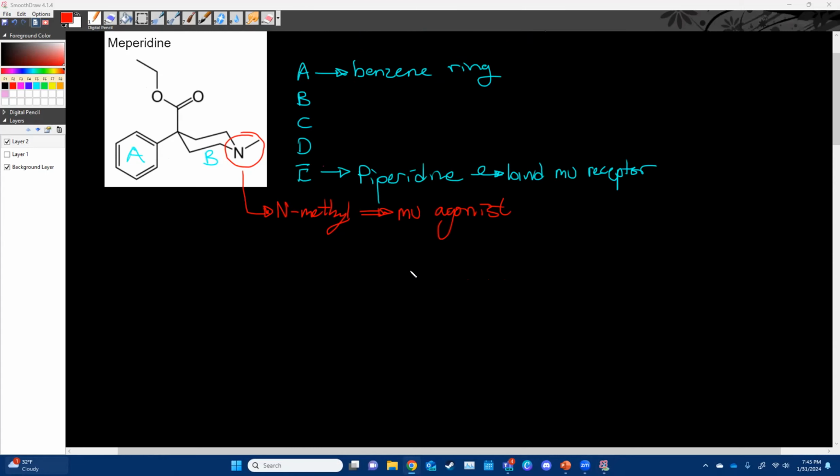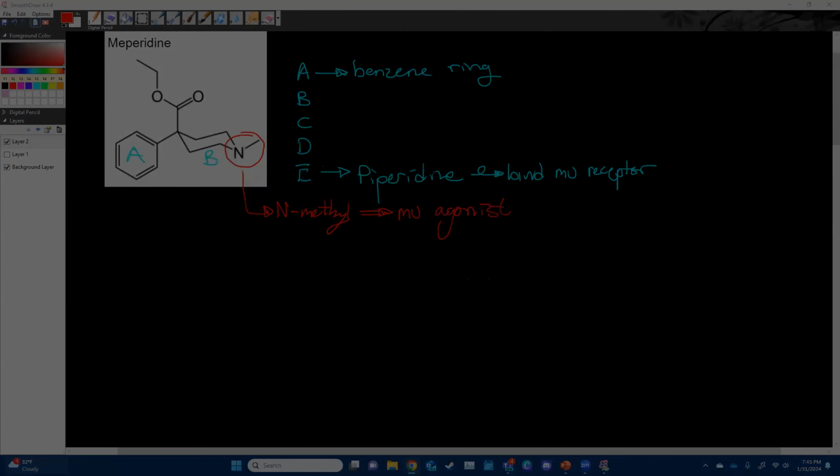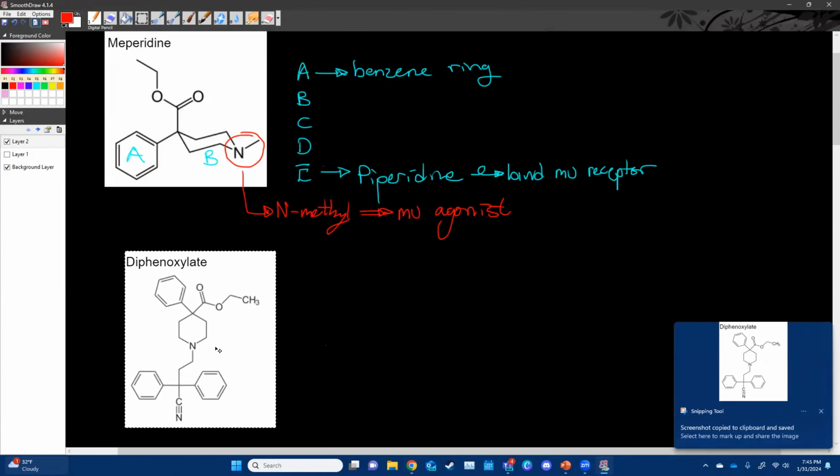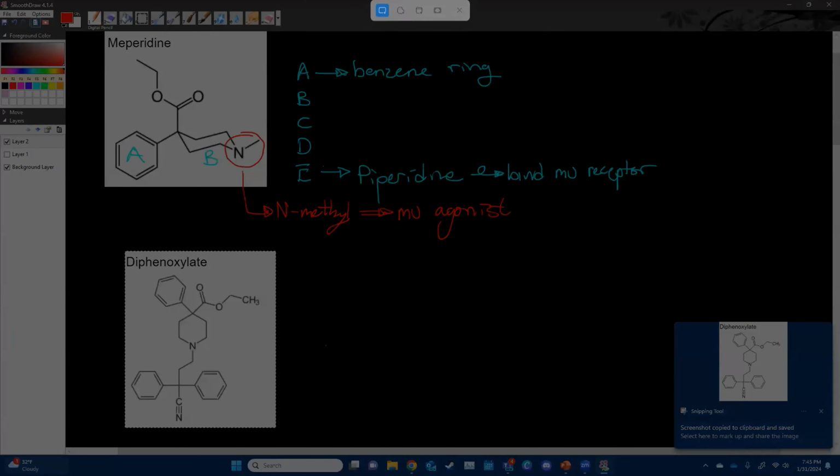Moving right along, two different drugs, diphenoxylate and loperamide.